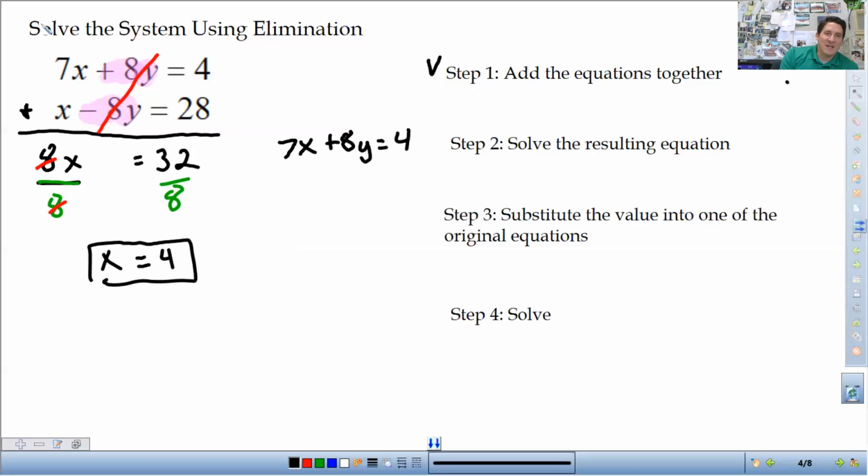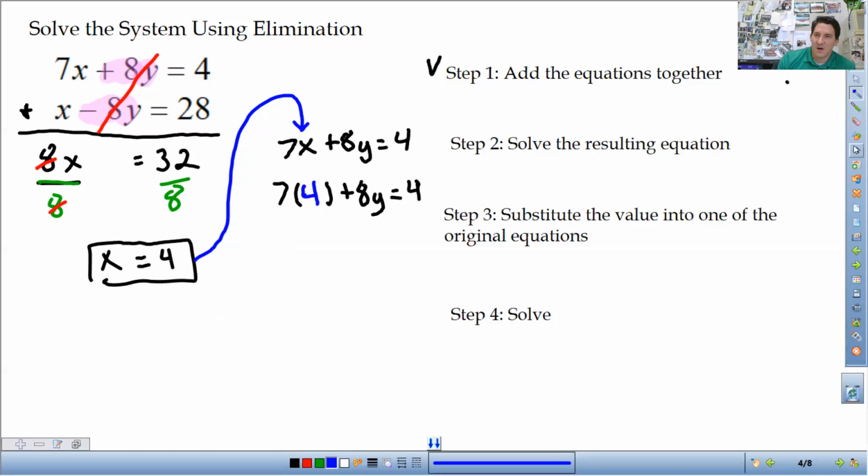The reason why I'm doing that is because this is all positive. Positive numbers are easier to work with. You can pick either equation, it doesn't matter. This x is going to go in for the x there. So it's going to be 7 times x plus 8y is equal to 4, and x is 4.